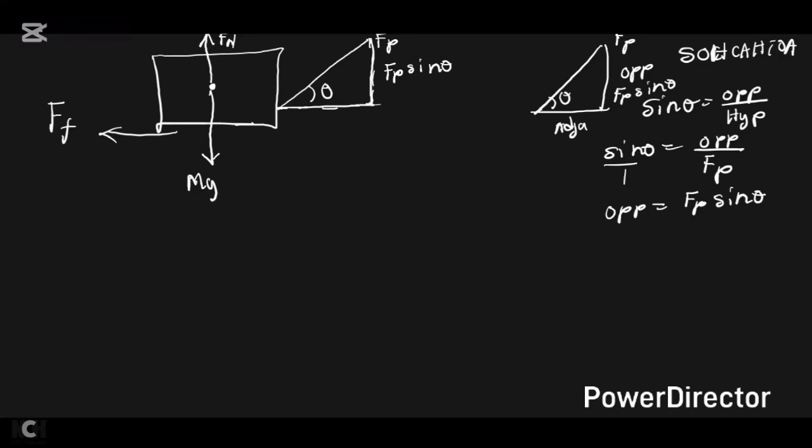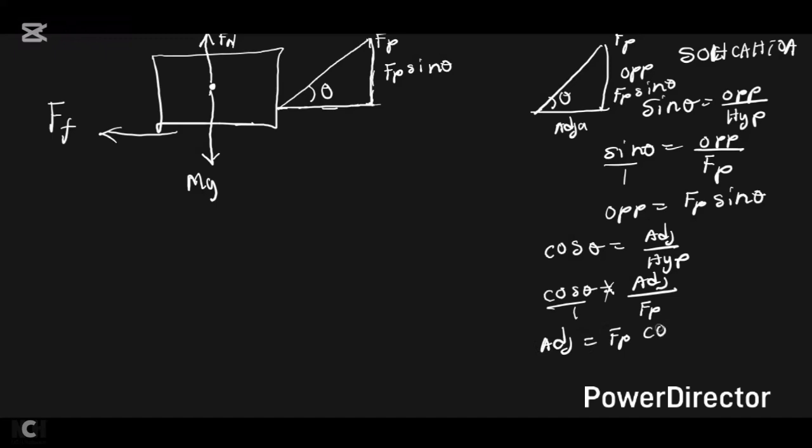How about the force that was being put in the x-axis? That's where we have to find the adjacent. We have cos equals adjacent over hypotenuse. Remember that we already have the hypotenuse, which is FP. So cos theta is equal to adjacent over hypotenuse, and the adjacent is the one we're looking for. Let's make the adjacent the subject of the formula, so it is equal to FP cos theta.